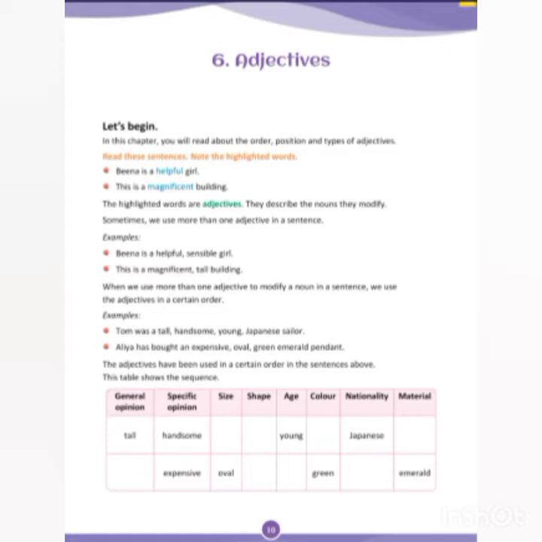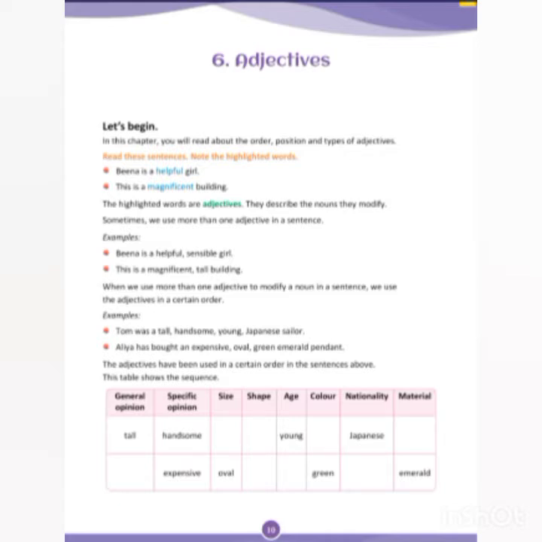After it, young is given as age. So in age, young, elder, adult, childhood, like that ages are given. So at that point of time you will write it at this place.